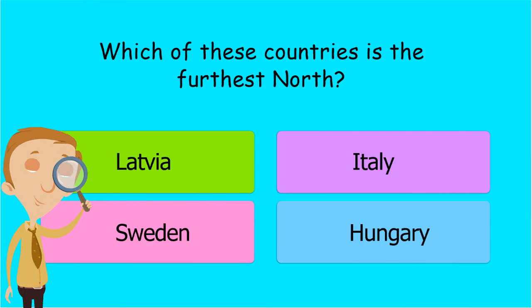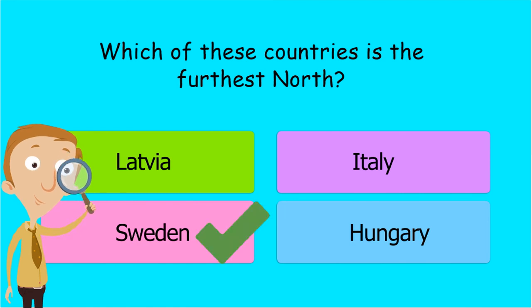Which of these countries is furthest north? That's up on the map. Latvia, Italy, Sweden, or Hungary? Pause the video and write down an answer. The answer was Sweden. Give yourself a tick if you got it, and let's move on to the last question.